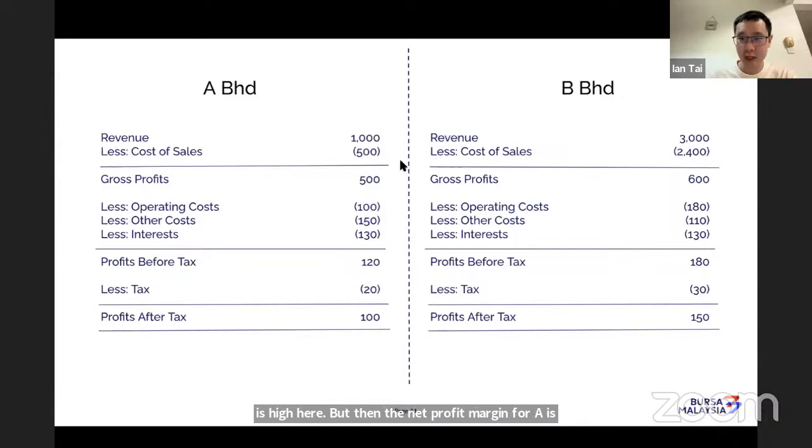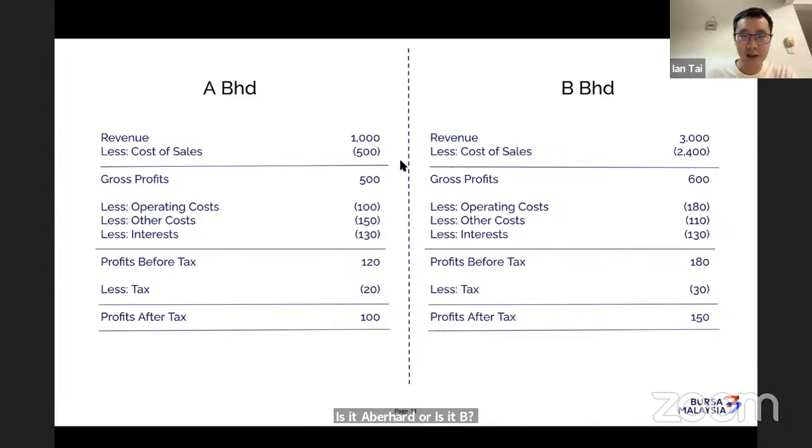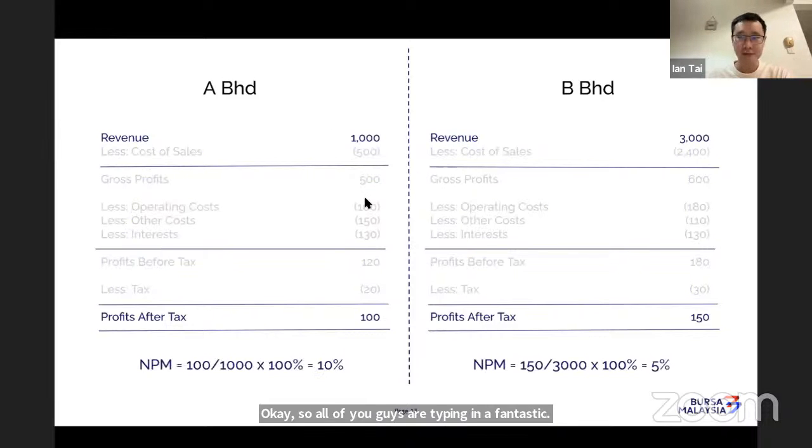So guys, type in the chat box, which of the two companies in terms of net profit margin do you prefer? Is it A Berhad or is it B Berhad? Okay, so all of you guys are typing in A. Fantastic. Okay, very good. Fantastic. So this is actually the answer. And this is actually how you calculate net profit margin.